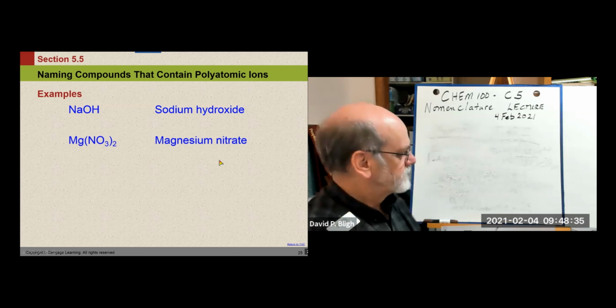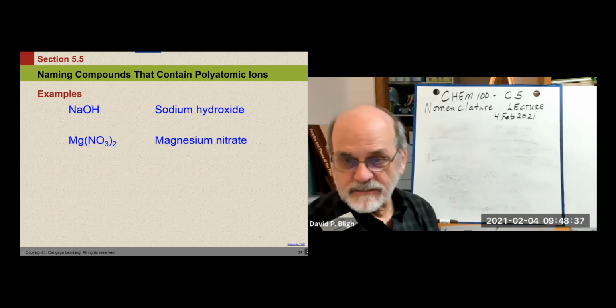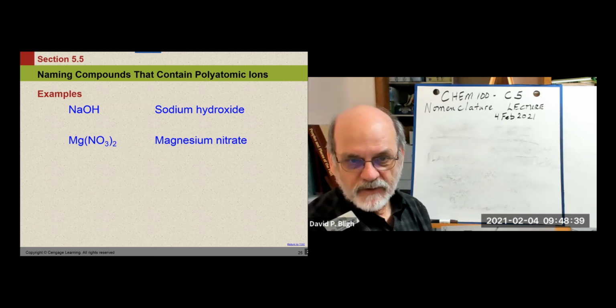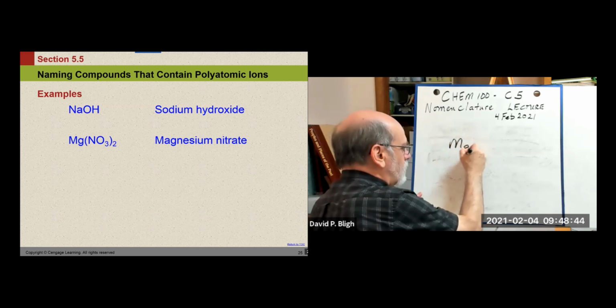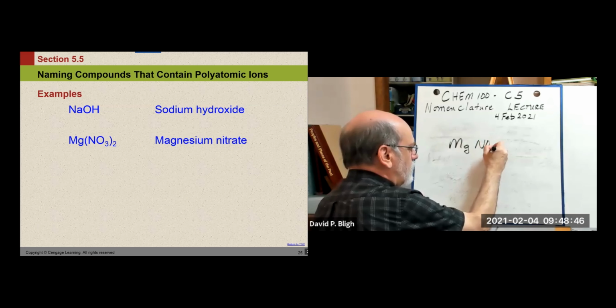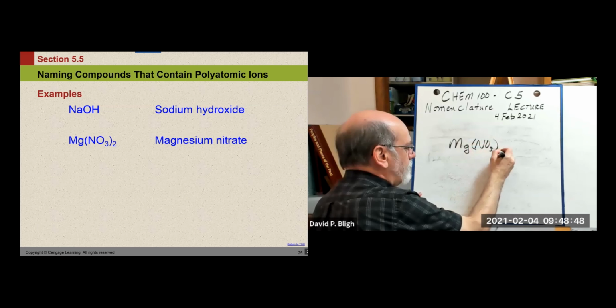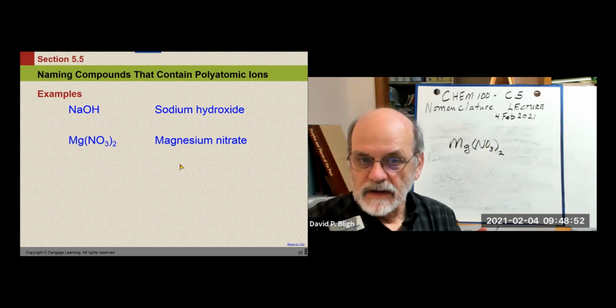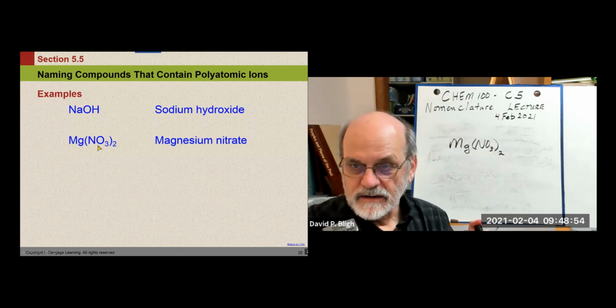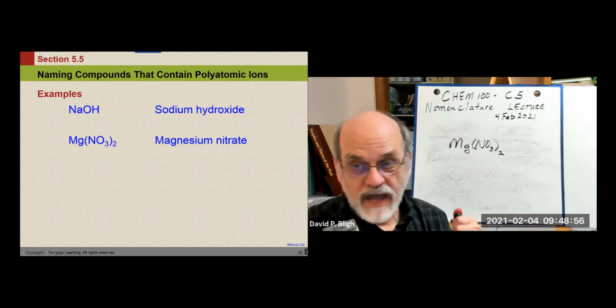Magnesium nitrate. All right. So with magnesium nitrate, what are we getting at here? This illustrates the fact that nitrate is a single unit. You cannot break it up.